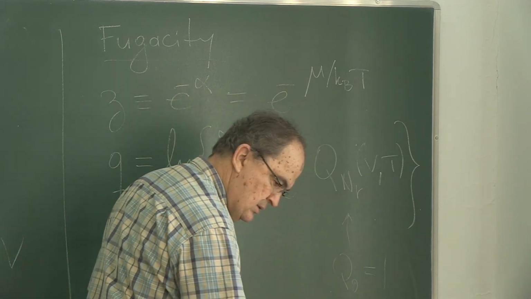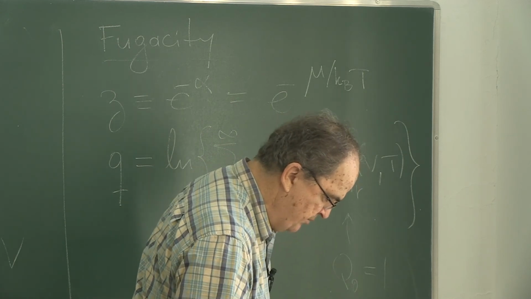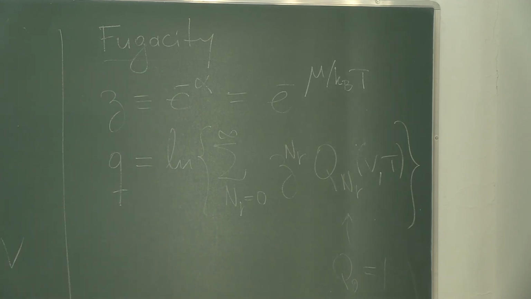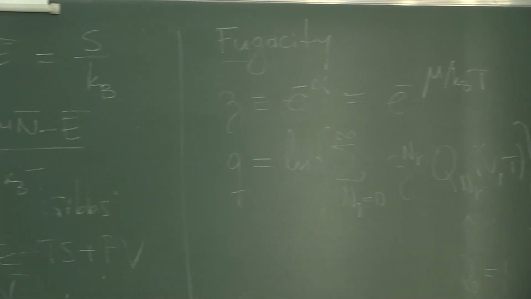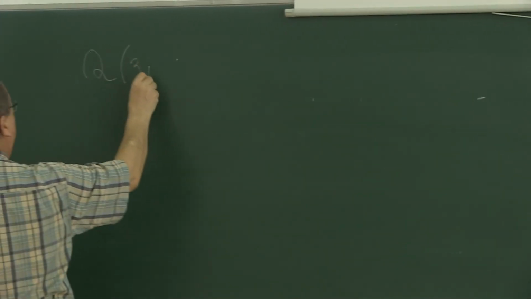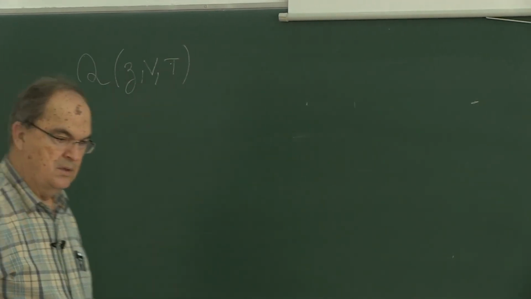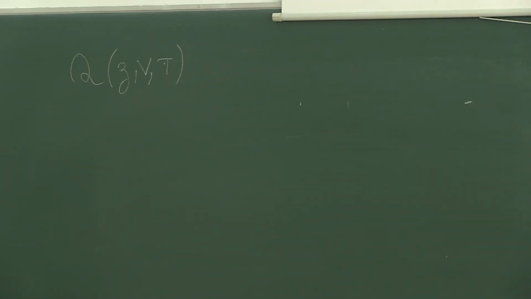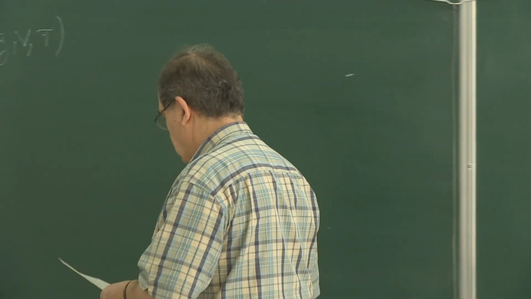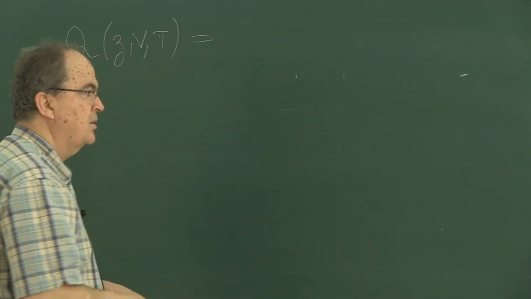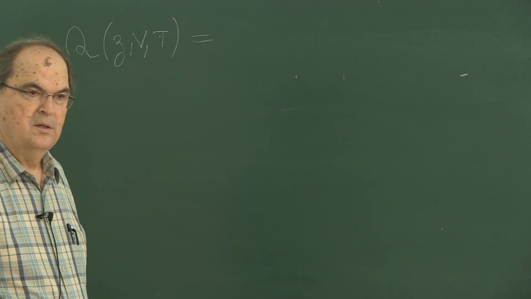If you like, you can simply write the grand canonical partition function, now it is to be written in terms of independent parameters z, the fugacity, volume, and temperature, as, instead of n_r, we can generalize it, write n, okay?